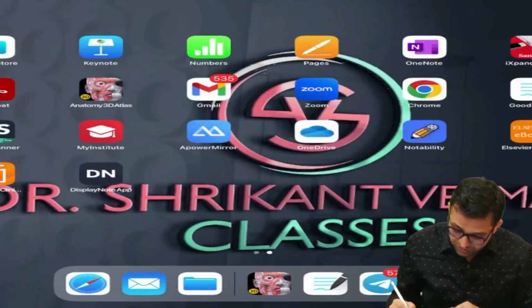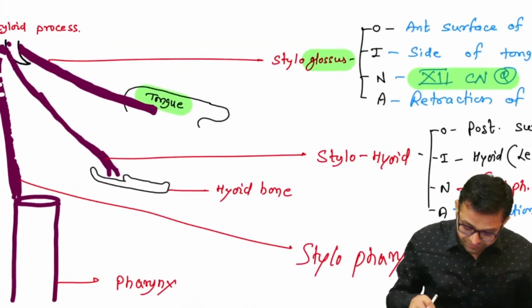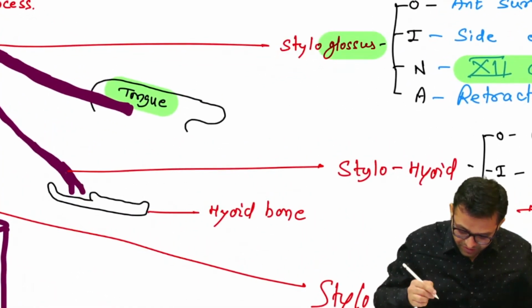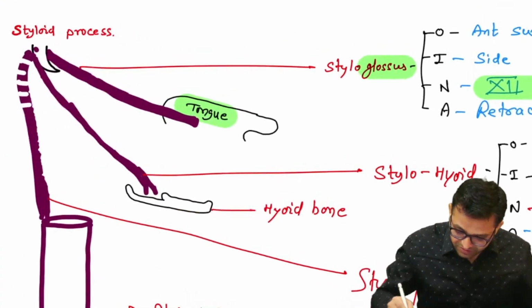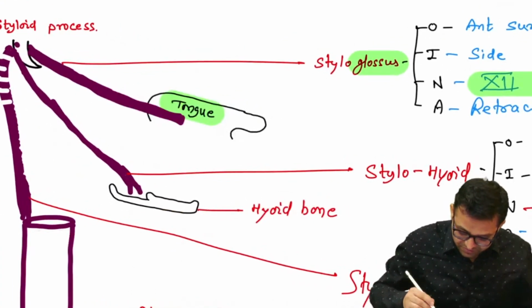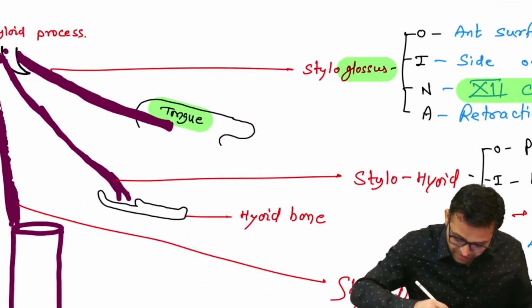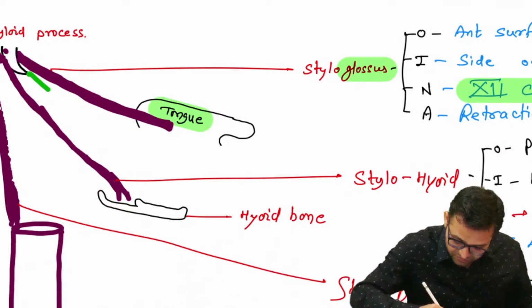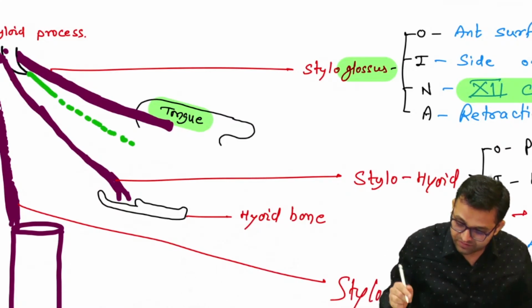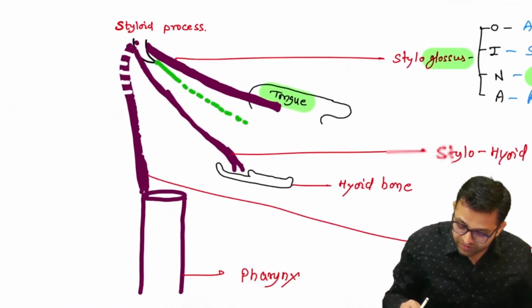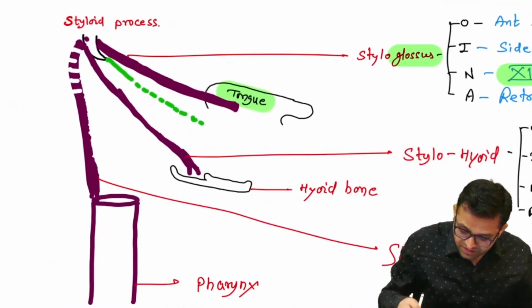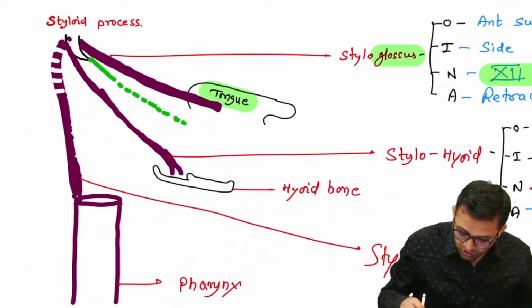Okay, so what you have to remember, sir, there is a ligament. Which ligament, sir? Stylomandibular ligament, styloid process to the mandible. So I'm making dotted line because it is going to the medial side. Fine. So this is the stylomandibular ligament, and another is the styloid process to the hyoid.